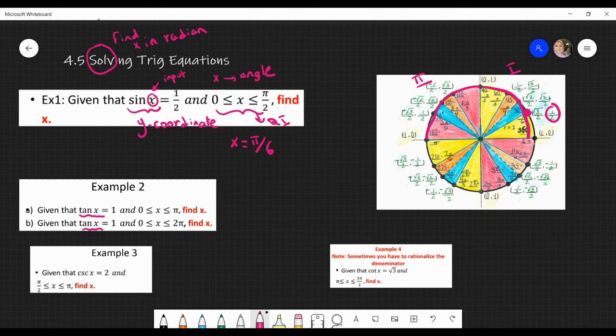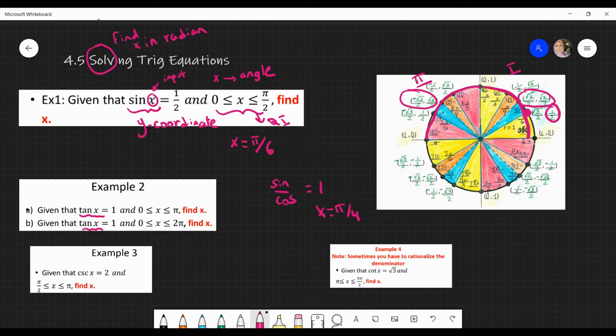Tan equals 1 simply means that you have sine over cosine. To get a fraction equal to 1, sine and cosine must be the same. So in this quadrant 1, those are the same, but I want it to be a positive one. So that would be pi over 4.